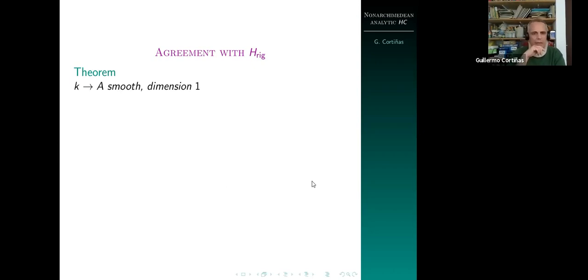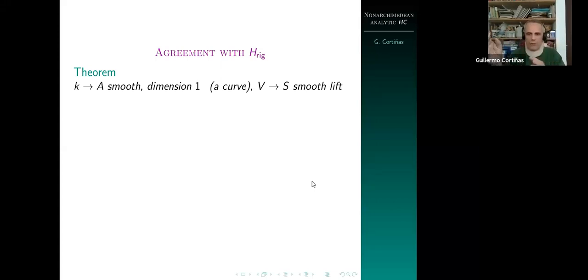Say you have a smooth algebra of dimension 1 over our little field K. So A is commutative and smooth of dimension 1. So that's a curve, right? Geometrically the dimension 1 means that it represents a curve, and algebraically it means that the module of Kähler differentials, the one-forms, is projective and of rank 1.